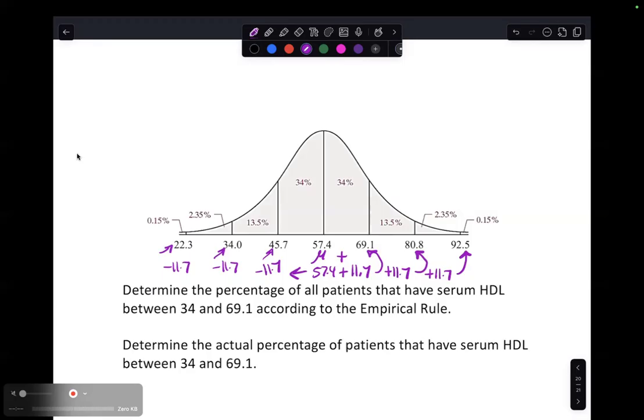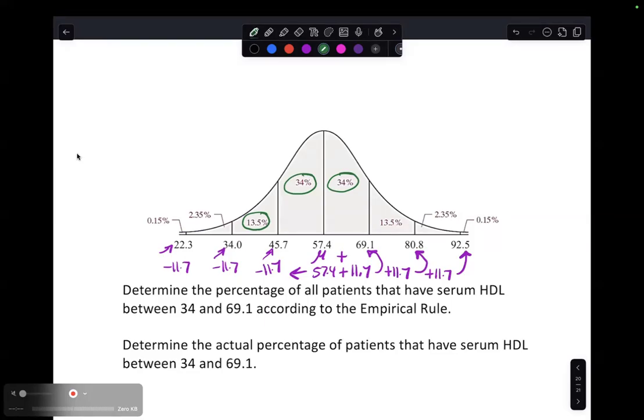Okay. So what this is asking is, what percentage of all patients have serum HDL between 34 and 69.1? So I add this percent, this percent, this percent, and that's it. I add all of those percents on my curve between those two values. Uh-oh, I did something weird.